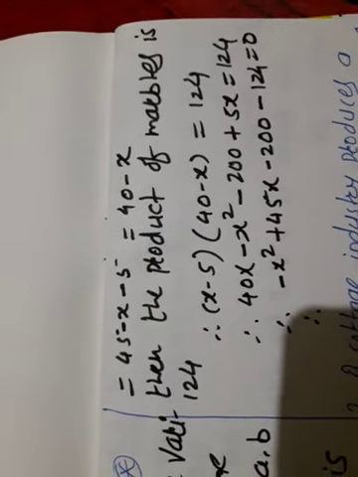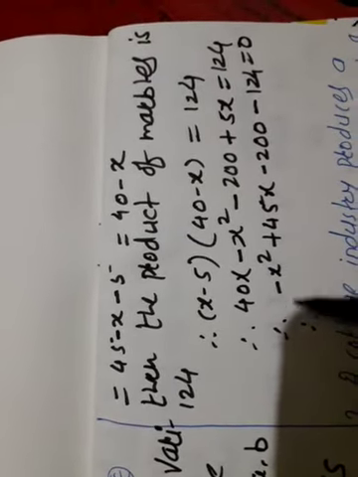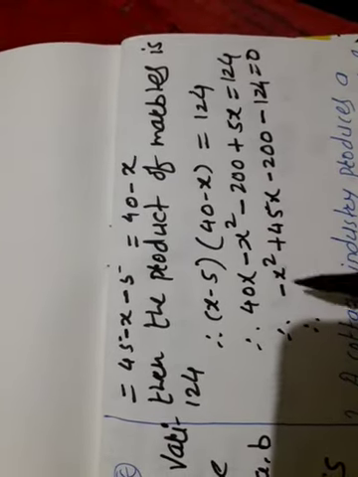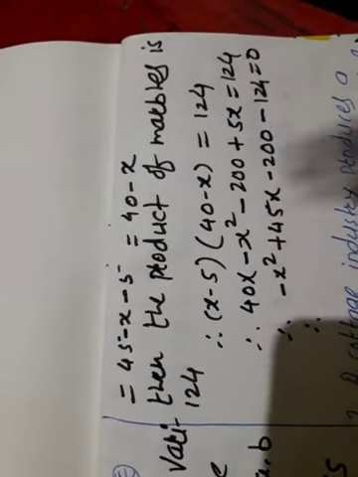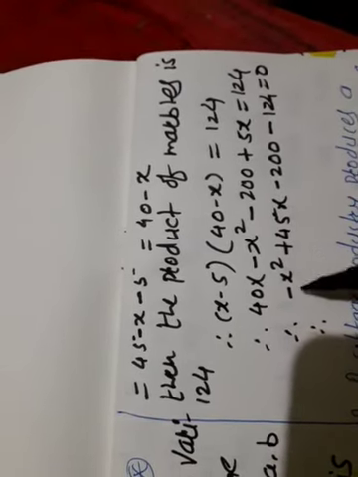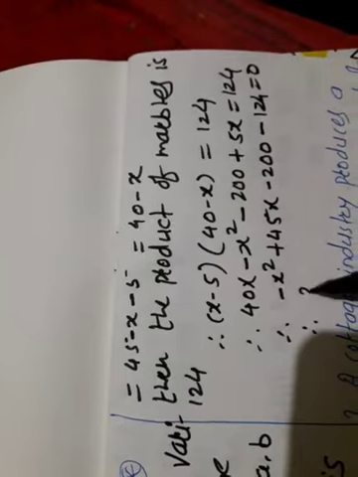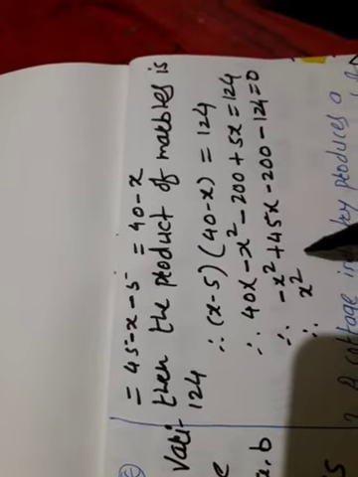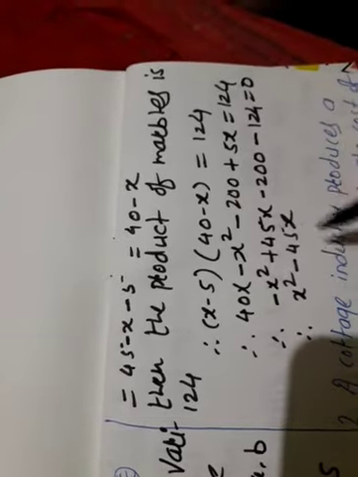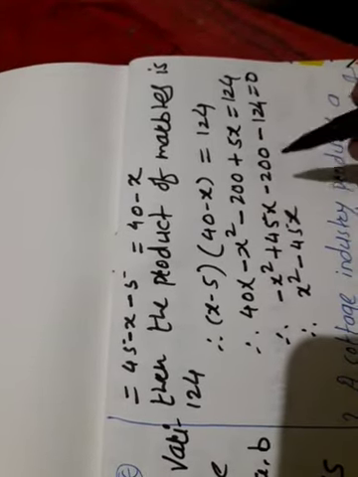Look here, but the leading term is now minus. Whenever we get a minus sign over here, we have to convert it into plus. We will multiply the whole equation by minus 1. No need to write it here, we can write directly. Multiplying by minus 1, we get plus x square minus 45x. Where there is minus, we get plus, and where there is plus, we get minus.